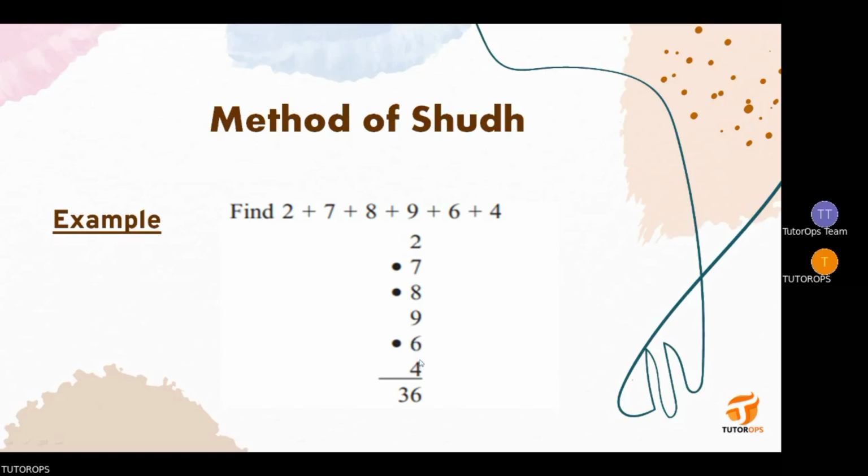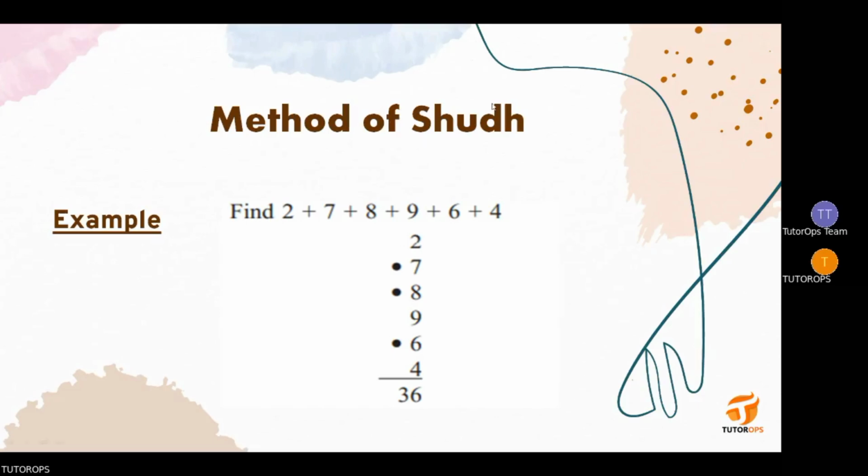So here 4 plus 6 is 10. We are carrying the last digit of 10, that is 0, and we are adding the last digit only to the above number. The above number is 9. So 0 plus 9 will be 9.